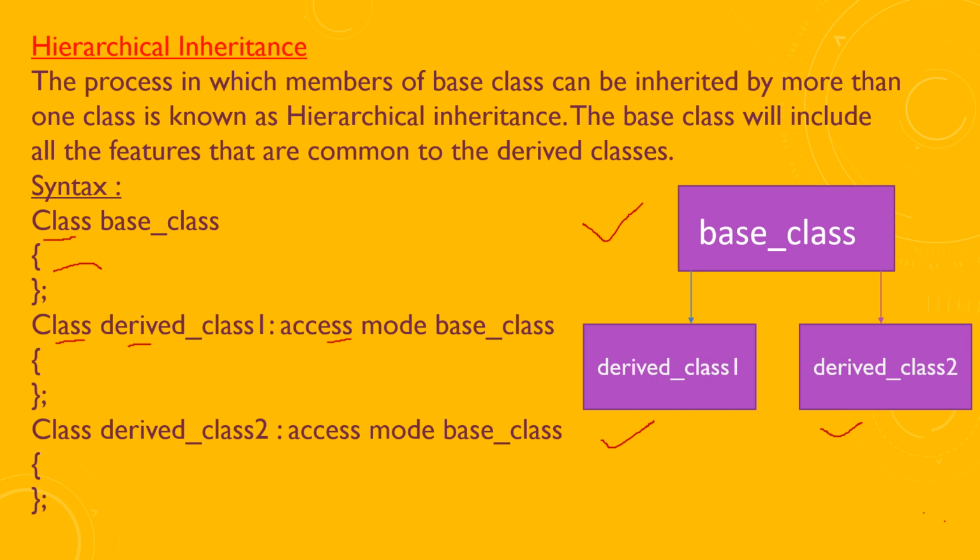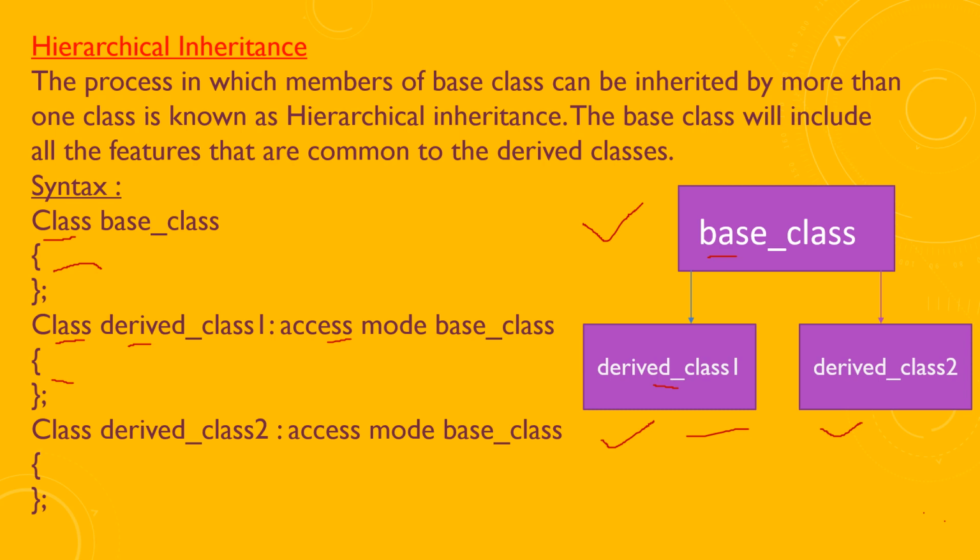According to this diagram, derived class 1 wants to inherit the properties of the base class. So we will write the access mode and then the base class, and then in the same way whatever members we want to keep inside the class we will keep inside. First of all we will open the curly braces, and then we will put all our statements, the members, the definitions of our member functions, and then we close with a semicolon.